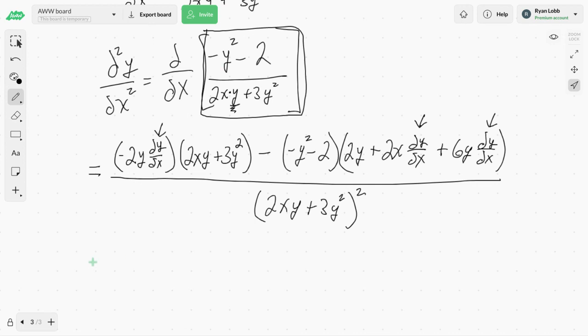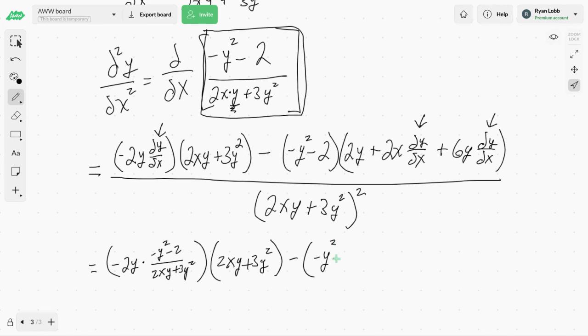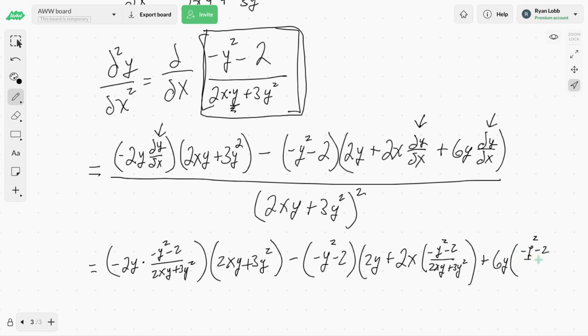So we would then have negative 2y times negative y squared minus 2 over 2xy plus 3y squared, times 2xy plus 3y squared, minus negative y squared minus 2, 2y, 2x, negative y squared minus 2 over 2xy plus 3y squared, plus 6y, negative y squared minus 2, and then all that would be over the denominator.